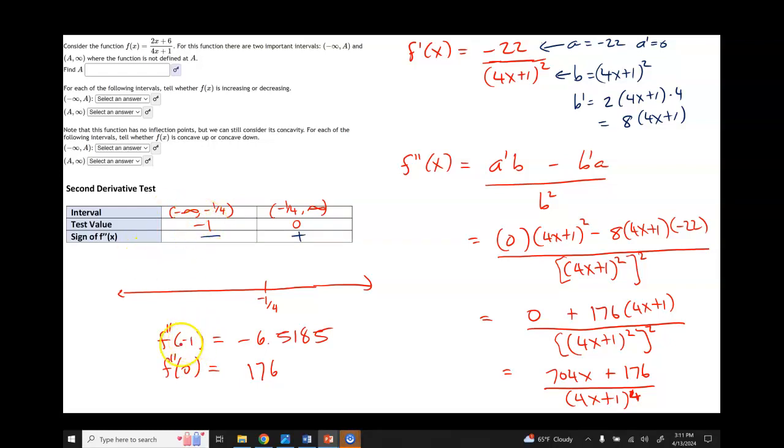So if you plug negative 1 into the second derivative, just use Desmos or whatever, we get a negative value. If you plug in the second test point 0, we get a positive value. So it's concave down on this first interval, and it is concave up on the second interval. And we can check this during class.